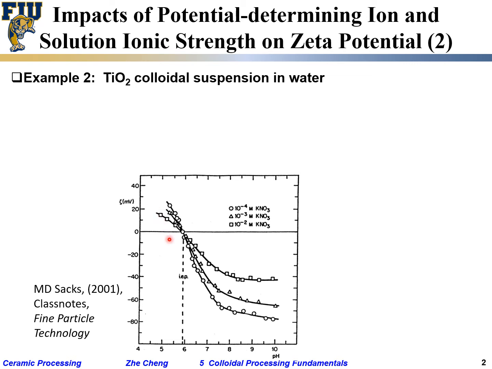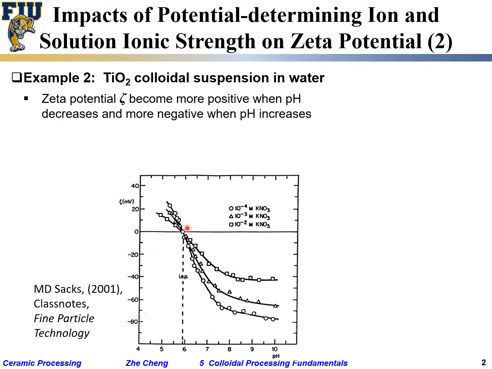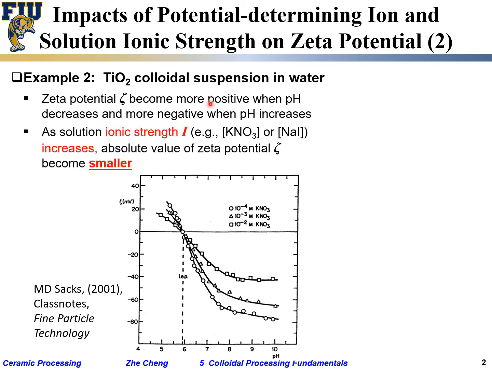On the other hand, when pH becomes higher and higher, the zeta potential becomes more and more negative. Makes sense? And here is 0. Okay, so that's the same trend that we said here. On the other side, for ionic strengths, from circle to square, we increase what?